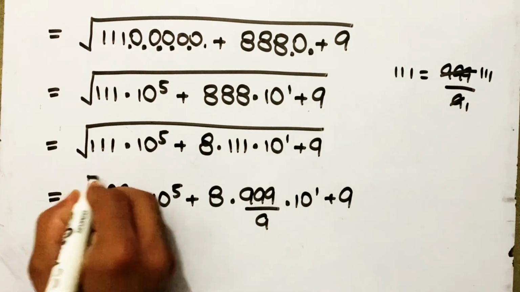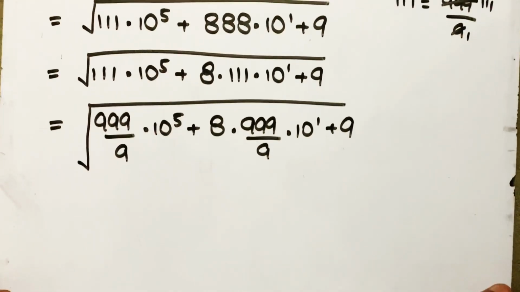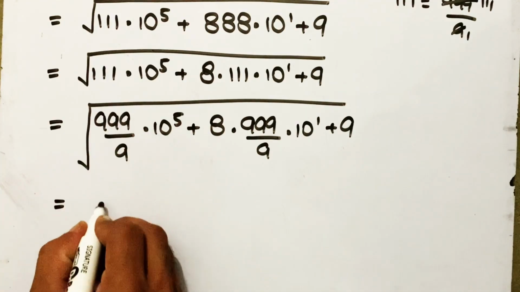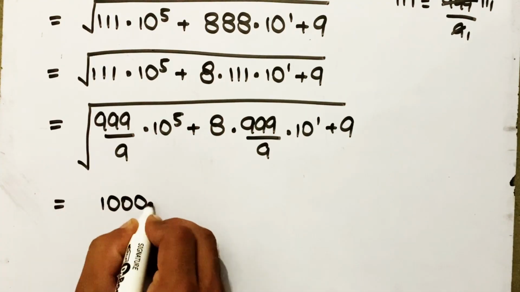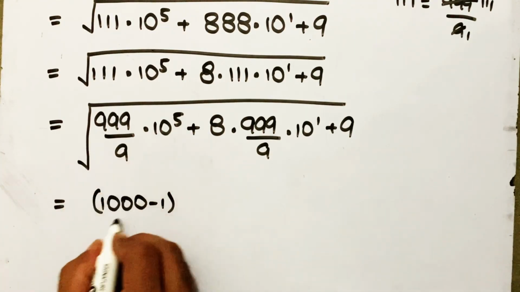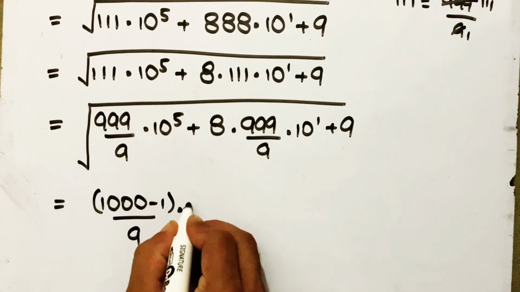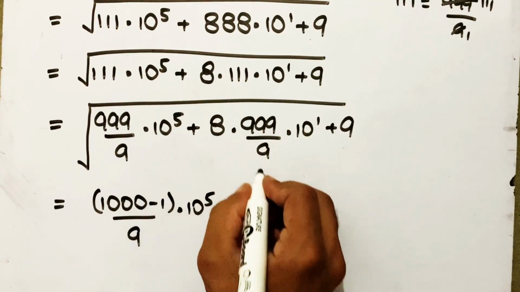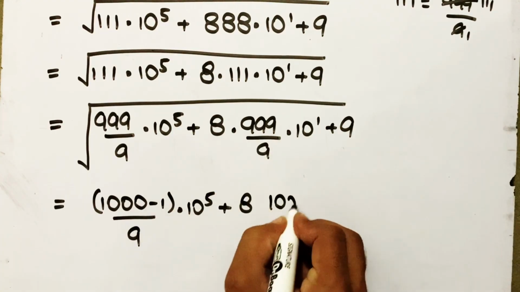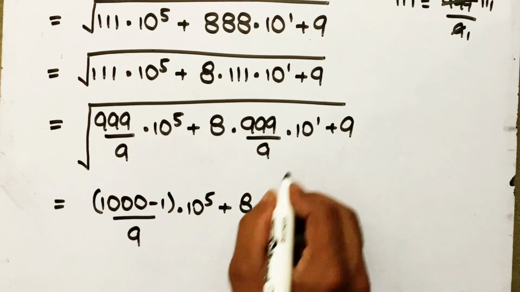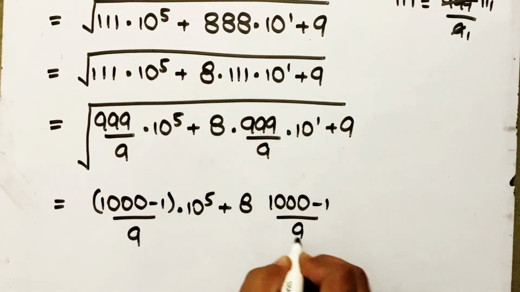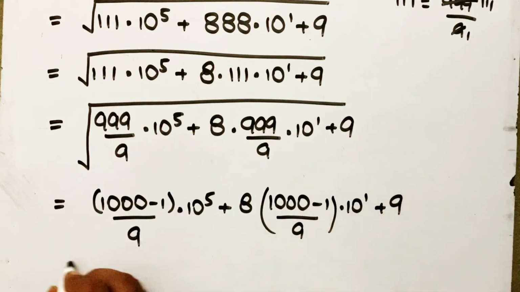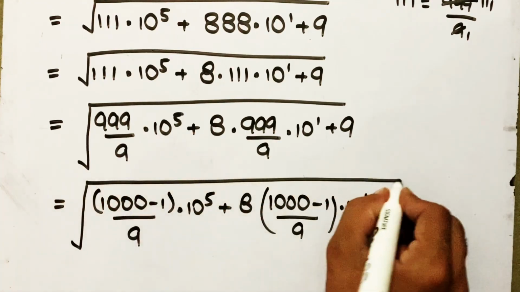So our equation here, square root here. So if I write here, this is 999 becomes 1000 minus 1, becomes 999 divided by 9 here into the 10 to the power 5 plus 8, this is 1000 here, 1000 minus 1 is 999 here divided by 9 into 10 to the power 1 plus 9 here, square root here.